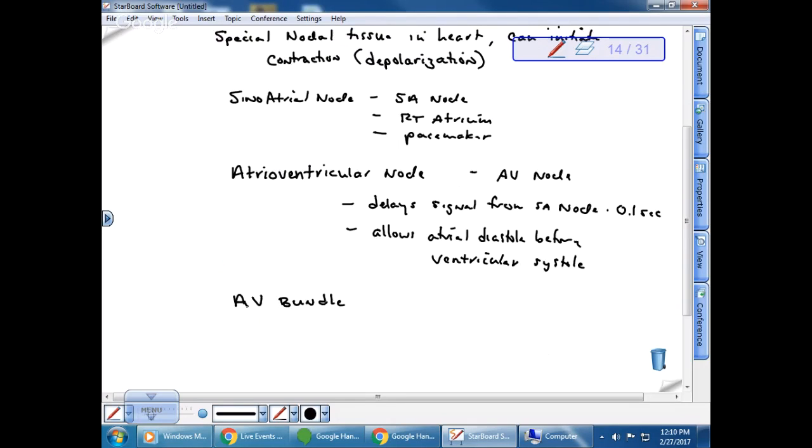So I'm just writing that is also atrioventricular, right? So AV bundle, the atrioventricular bundle. This transports the signal, right, the depolarization, to the bottom of the ventricles.